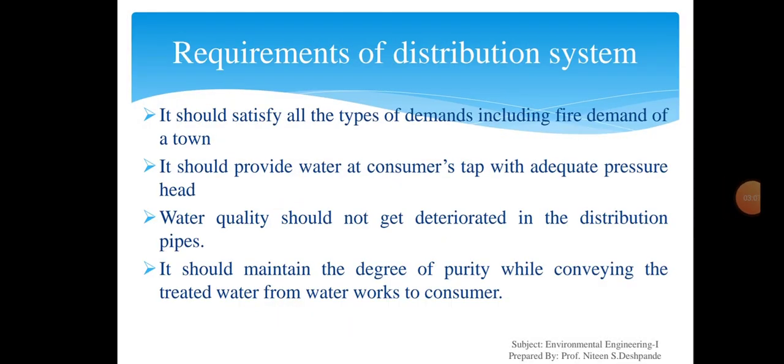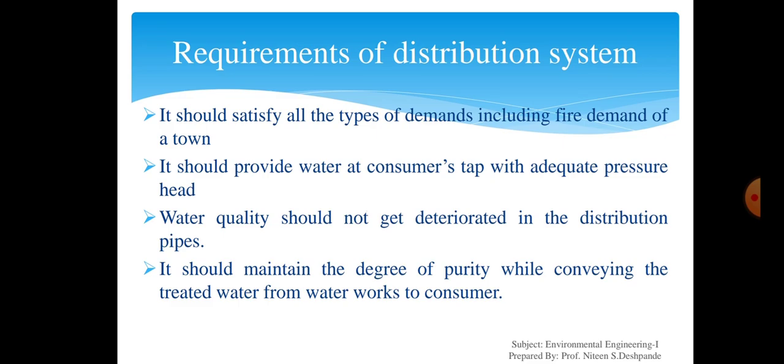Now we will see the requirements of a distribution system, or the factors which are to be considered in the design of the distribution system. Following are the requirements. First, it should satisfy all the types of demands including the fire demand of a town.